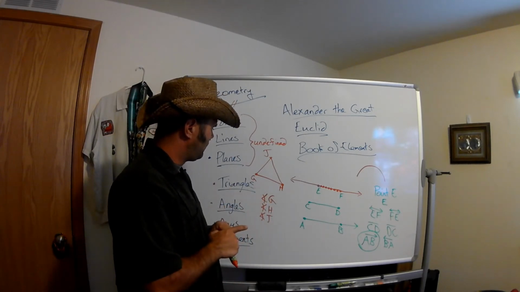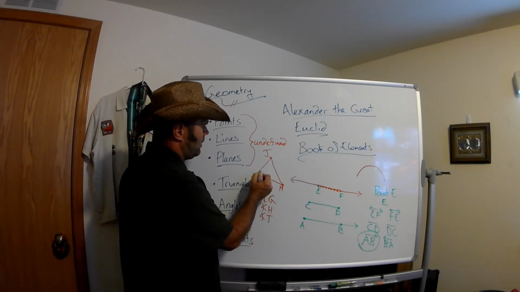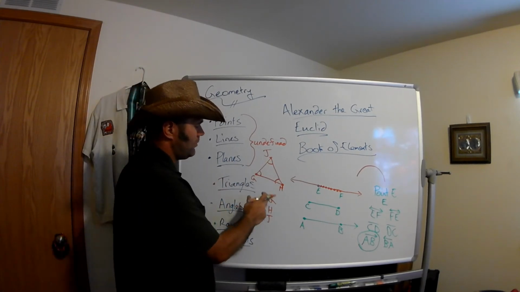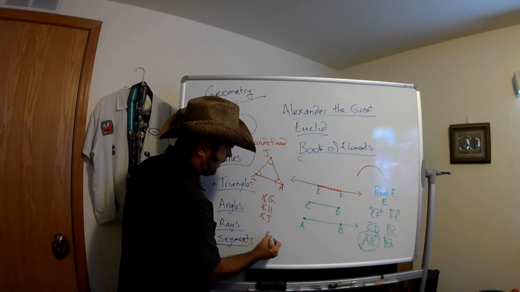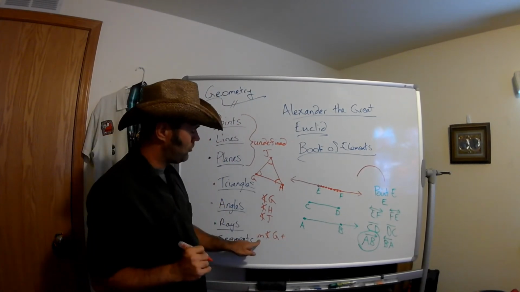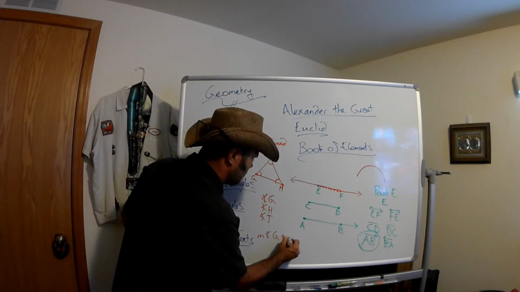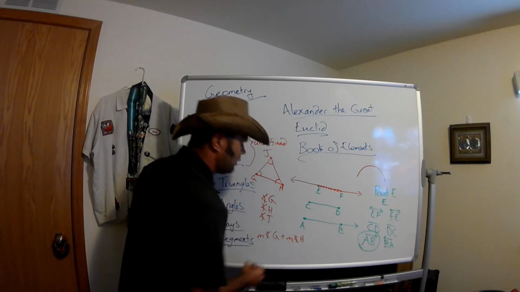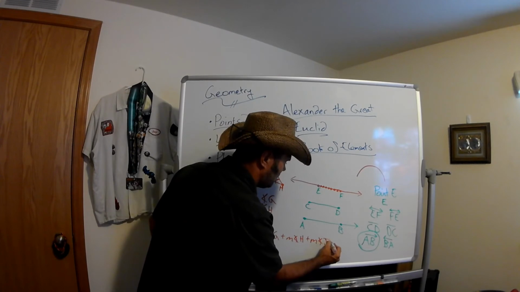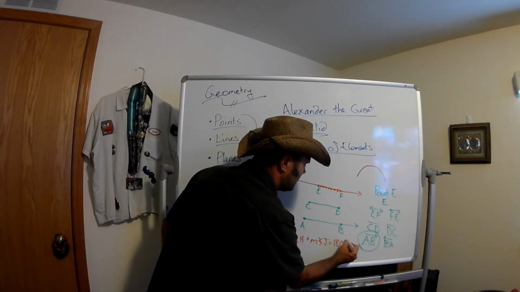And triangles have some special properties, such as if you were to measure the three angles and add them up. The measure of angle G, that's how it's read, plus the measure of angle H, plus the measure of angle J is equal to 180 degrees.